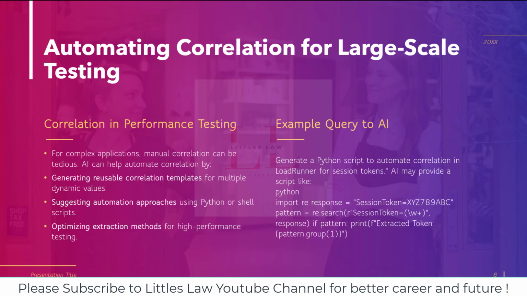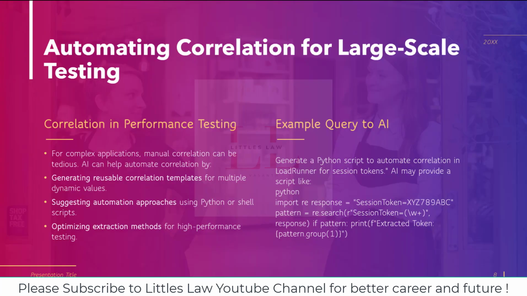For example, you can generate a Python script to automate correlation in LoadRunner for session tokens. AI may provide scripts like the following, where you import the response, create a pattern, and if the pattern matches, print the value. By doing all this, you can automate correlation for large scale testing.